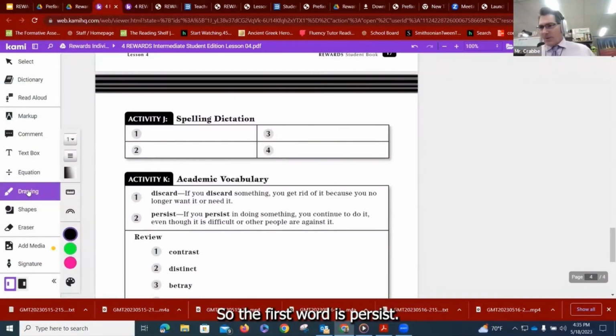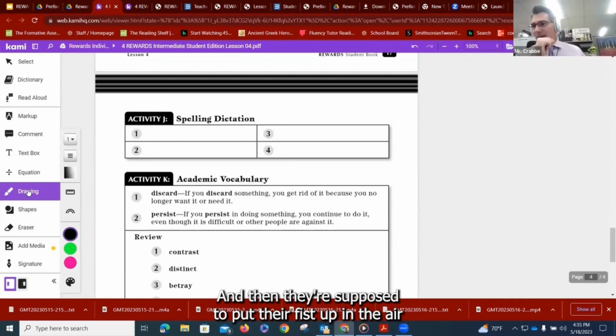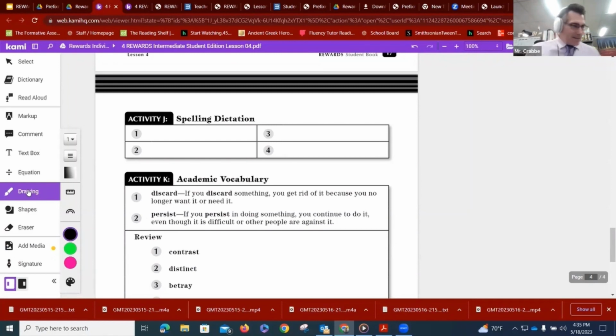All right, so the first word is persist. What word? Persist. Thank you. And then they're supposed to put their fist up in the air and say the parts of persist together. So ready? Persist. So let's do that.